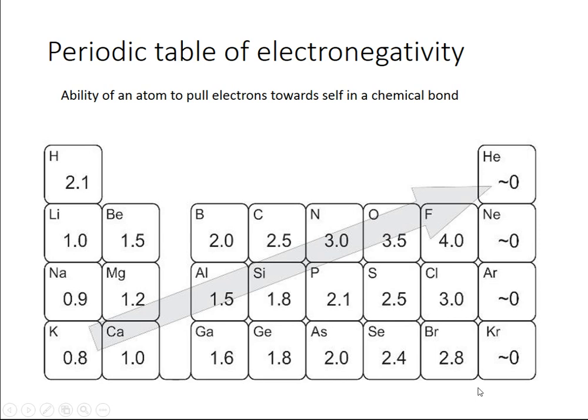Now, what we mean is, let's say we are interacting two molecules. We are interacting lithium and fluorine. And you can see the difference in the electronegativity between lithium and fluorine. Fluorine will pull electrons towards itself.